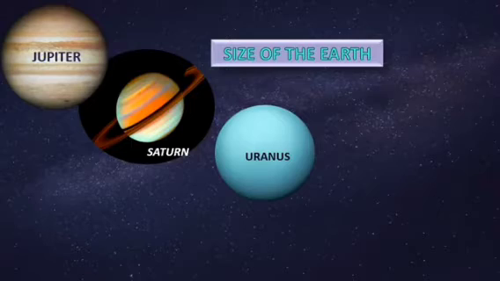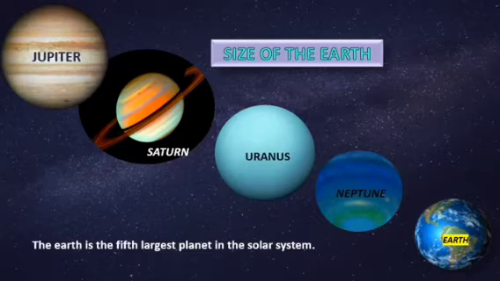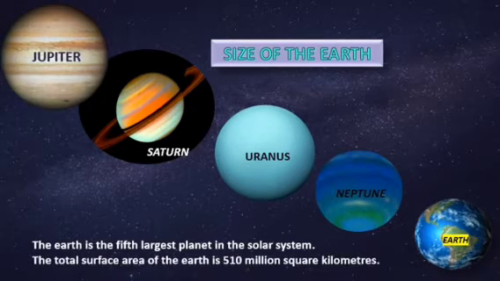Fourth largest planet is Neptune, and the fifth largest planet in the solar system is our Earth. The total surface area of the Earth is 510 million square kilometers.